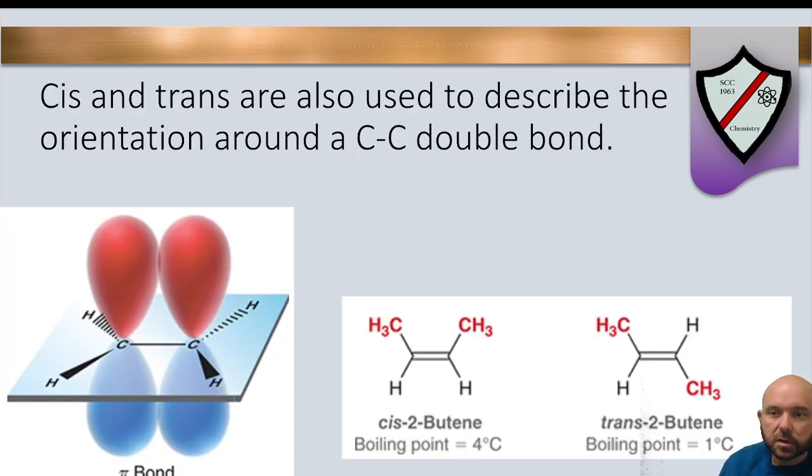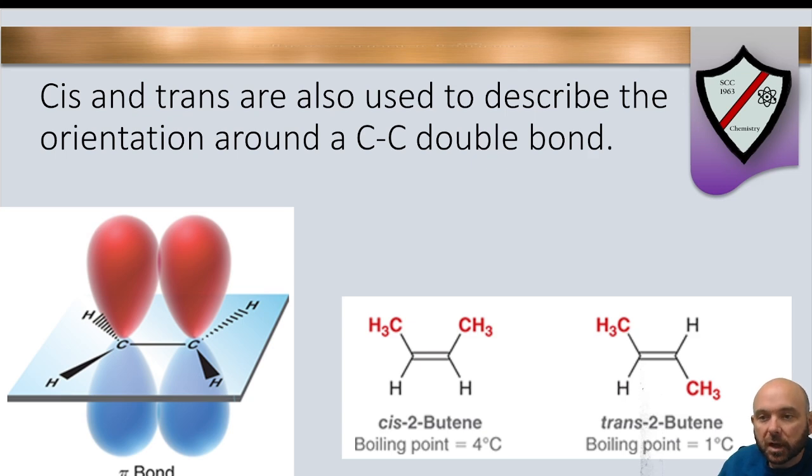Like I said, we took a look at the end of the last chapter at how rings can display cis and trans stereoisomerism, meaning you can have two different orientations where your substituents on your ring are either both above or below the ring, or one is above and one is below the ring. Double bonds or pi bonds also share this same locked-in placeness, if you will, as the substituents on a ring.